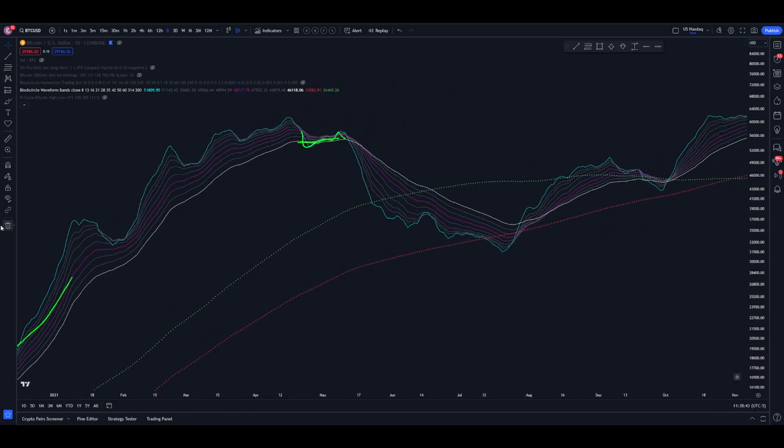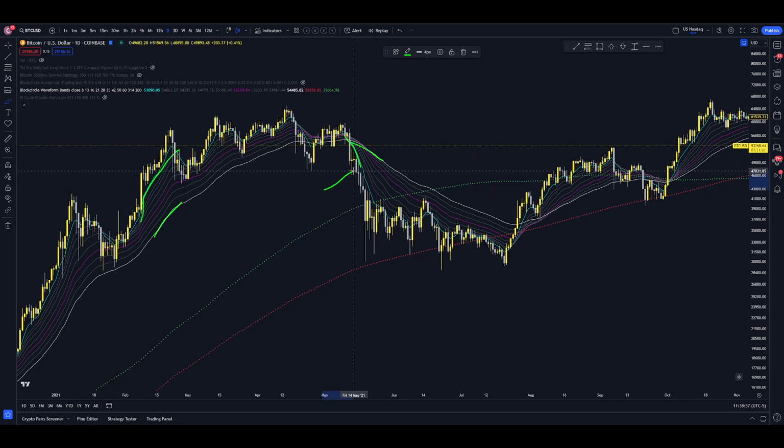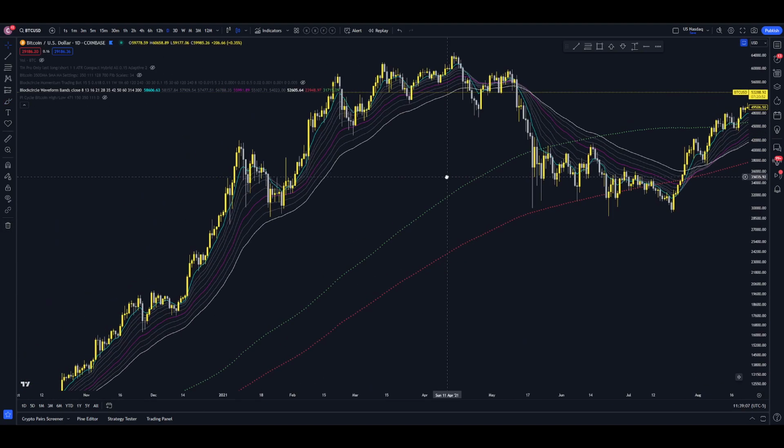And then when the bands flip, where instead of the 8 being on top and the 60 on the bottom, the 8 is now on the bottom and the 60 is on the top, this is a downtrend. And you'll see if we turn our candles back on, they are trending below all the EMAs now, right? So in this period of time, you would want to be betting on lower prices versus higher prices, okay?